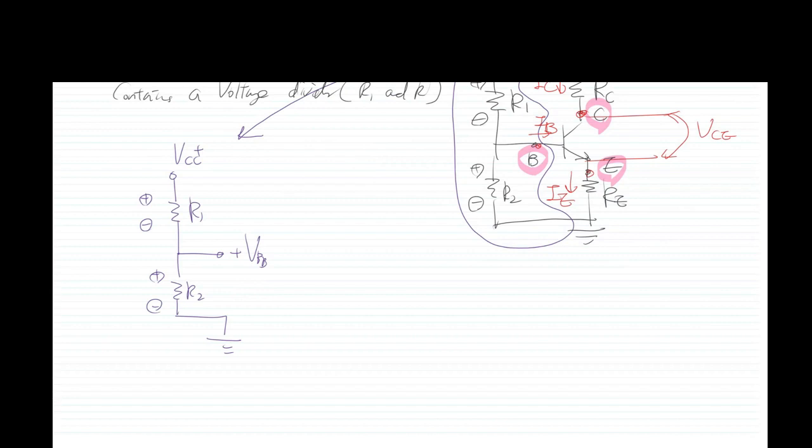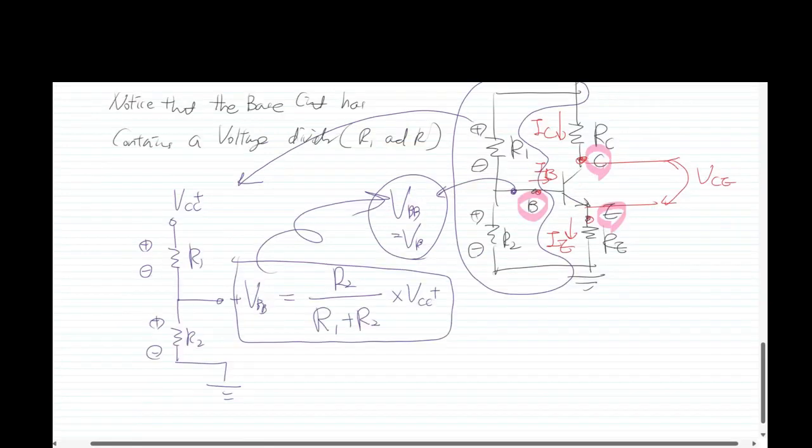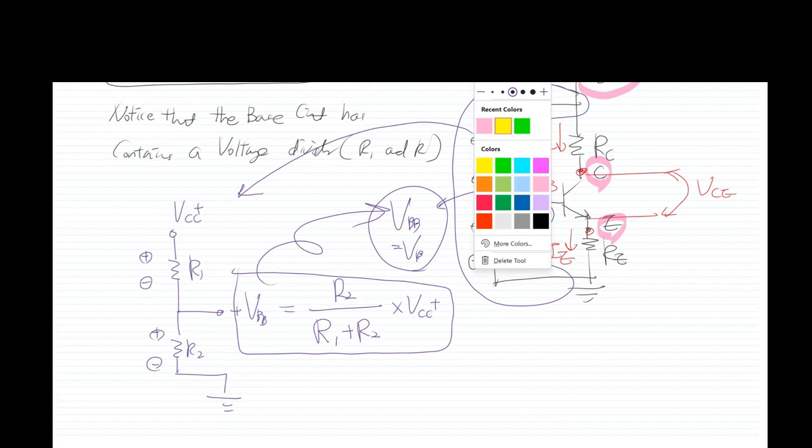So the V sub BB, V sub BB is equal to V sub B, right? Do you remember, R sub 2 over R sub 1 plus R sub 2 multiplied by V sub CC? Okay, that's very important. V sub CC was given.